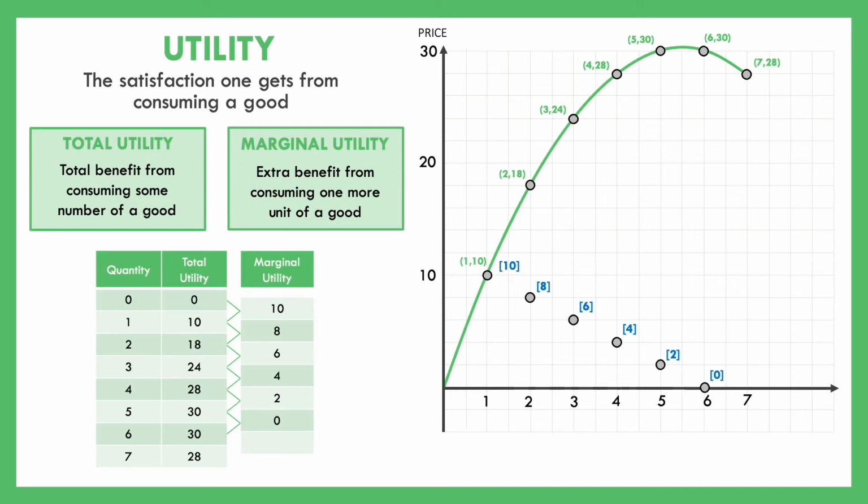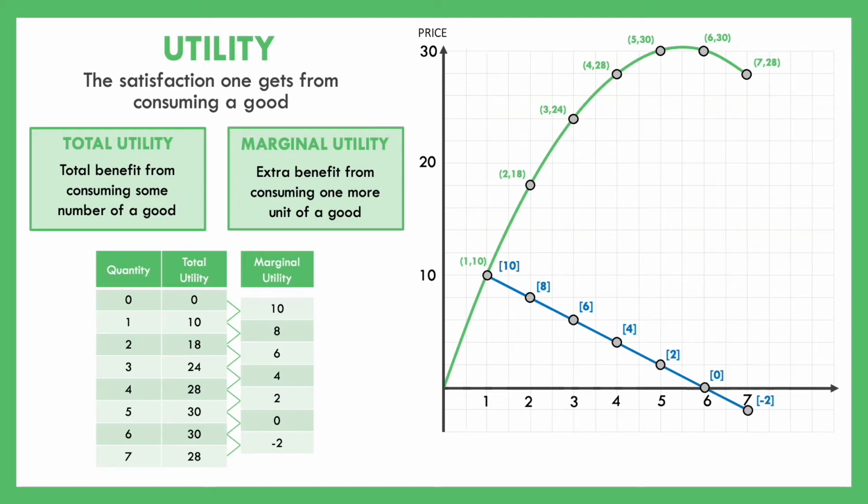Now, when we make that turn from a quantity of 6 up to the 7th or next unit, our total utility goes from 30 to 28. And so that's actually a negative marginal utility. The extra benefit we get from consuming 1 more of a good is actually negative in that case. Now, as we've plotted out all those marginal utility points, if we plot those out, we see a downward curve.